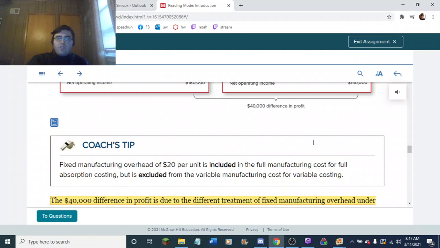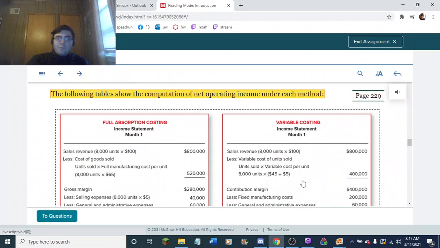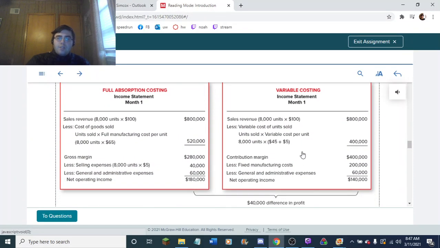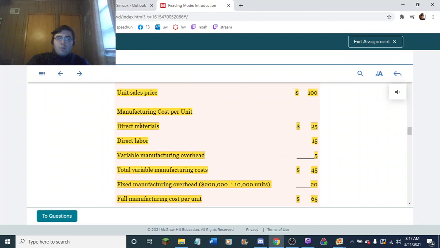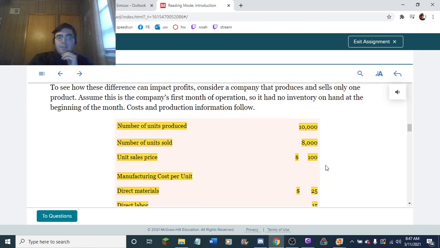Wait, why would they do 45 plus 5? That doesn't make sense. So these are all variable? But why would you do 45 plus 5? This plus this plus this is equal to 45. 30, 40, 45. Yeah, what?